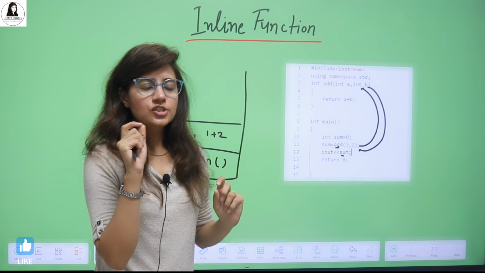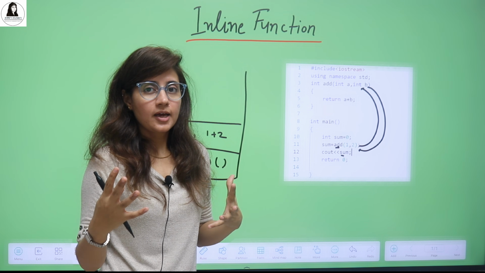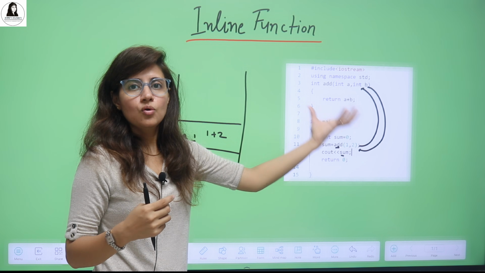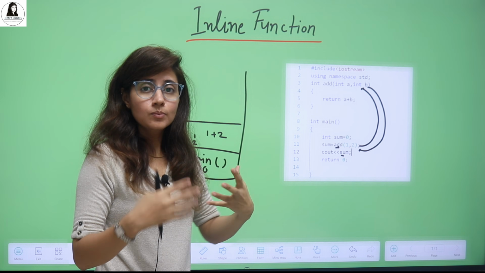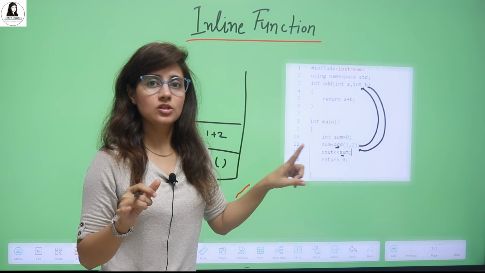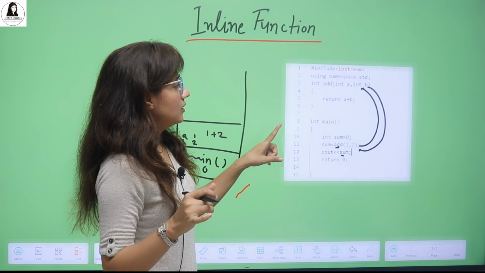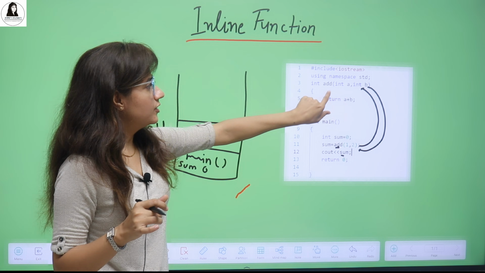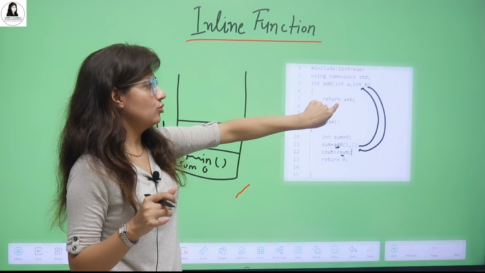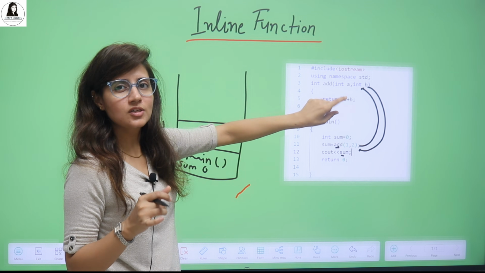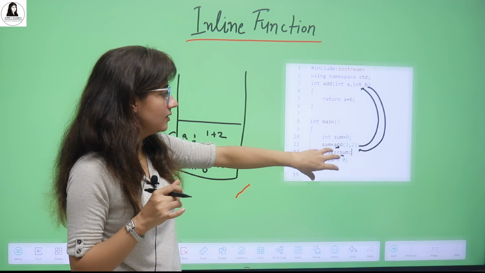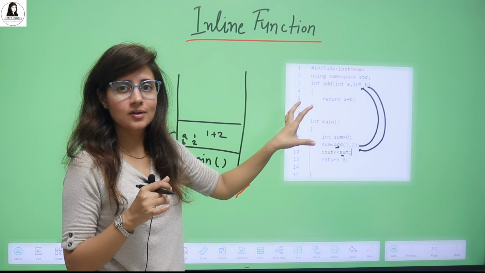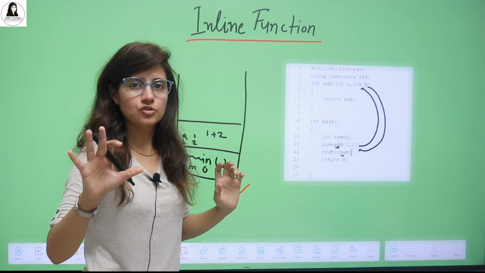If a function is very small, then sometimes the function call overhead might be more than the time spent executing the function. Means the execution time of this function is less than the function call overhead time. So in this case we can use an inline function.